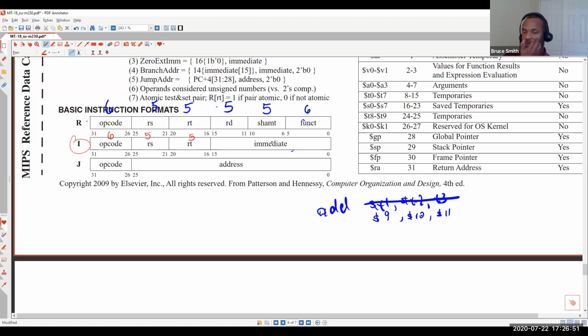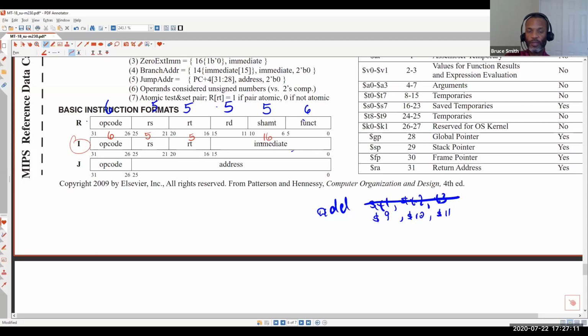But if it has an immediate value, a number, then we have to have room to hold that number and represent it in the instruction box. So it uses 16 bits to represent that value.